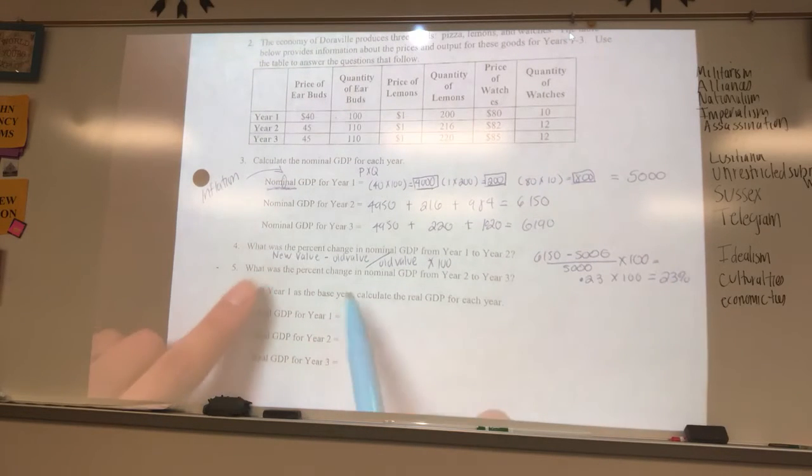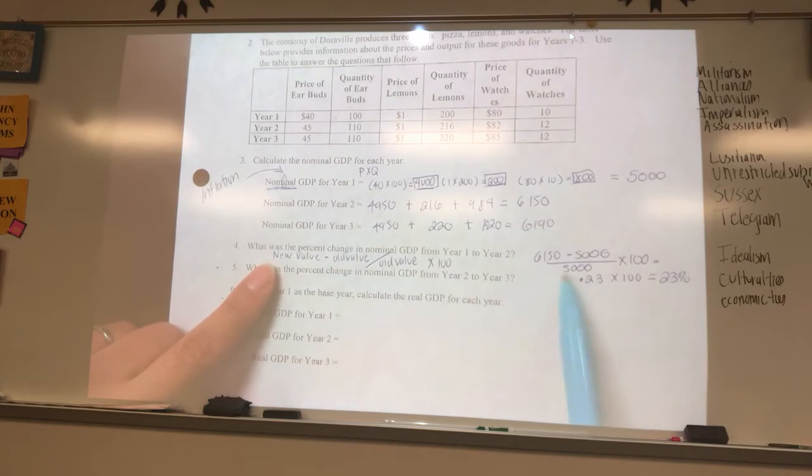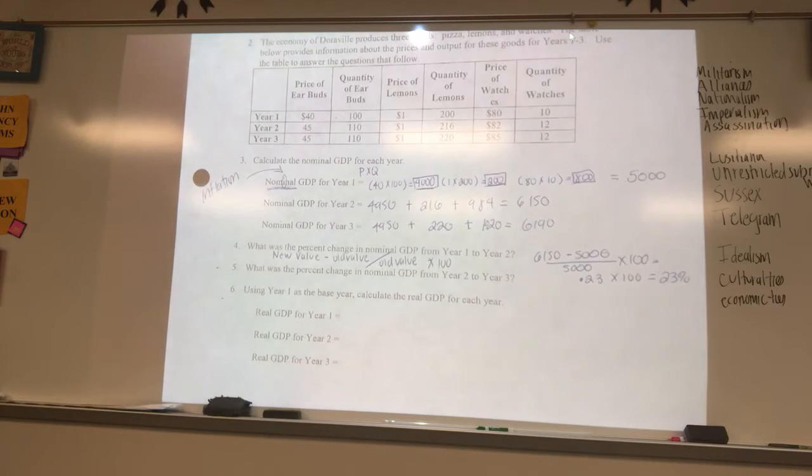Okay, can you now do this one right here? I've given you how to set it up, we've practiced it, right? So now try this on your own. So we're looking from year 2 to year 3, so what is the new value? 6,900. Yes, y'all got it.